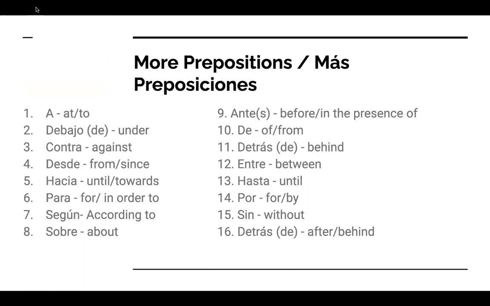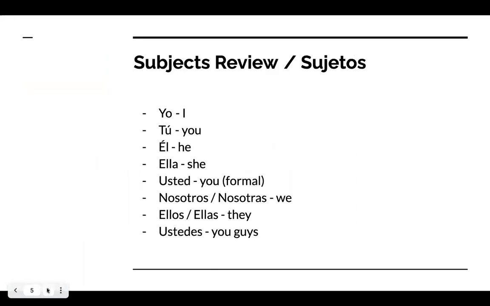Let me just write down the Gabby's here. Okay, so moving on. Just to review the subjects of sentences, because that's important when we go over estar and things like that. So we'll go over all that. But just to go over the common subjects that you'll see in sentences, just so you know.